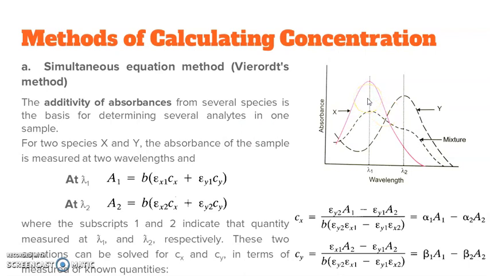What is the Beer's range? Beer's range is a range where we see to it that the absorbance is between 0.2 and 0.8. So we prepare the dilutions in such a way that the absorbance is within 0.2 to 0.8. We call it a Beer's range.